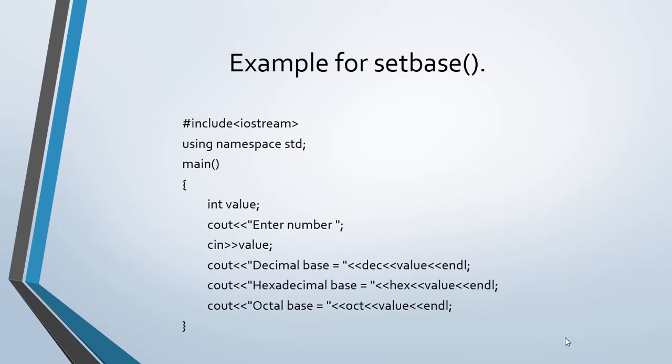First is setbase. How can we set a base? Hope you are clear, already understood the lines such as hash include iostream, using namespace std, main, void main, int main, etc. And you are familiar with int value, that is a variable declaration. And we will see how we can use the manipulator setbase.